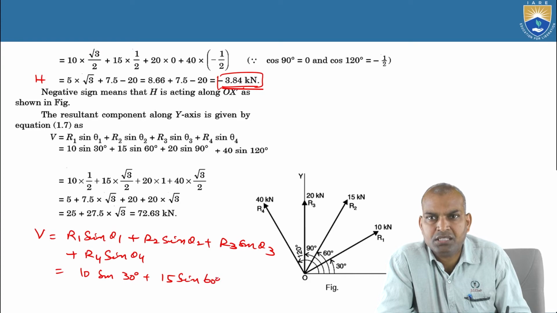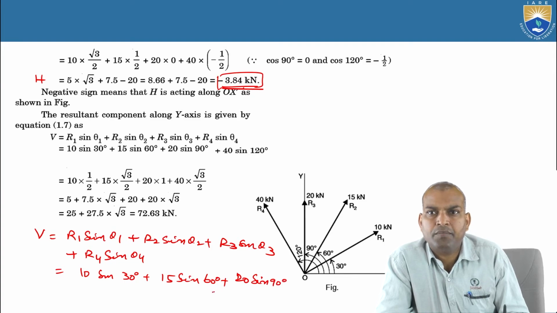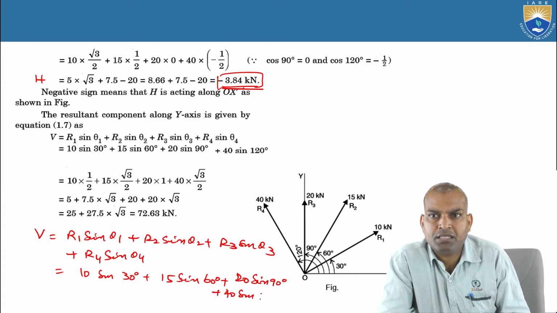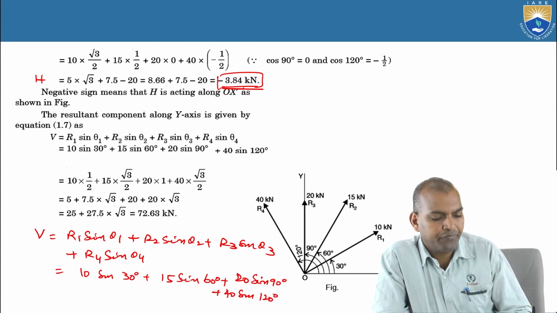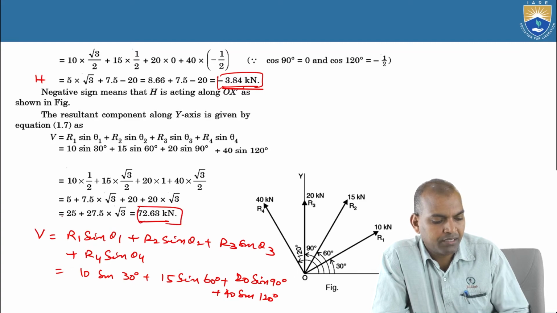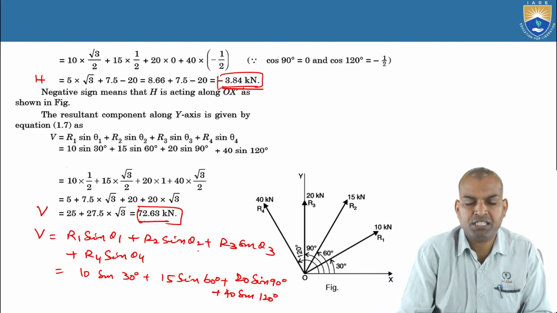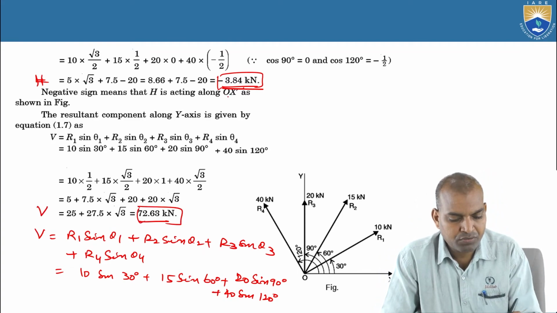That is 60 degrees, R3 that is 20 kilonewtons, sin theta 3 90 degrees, plus R4 40 kilonewtons, sin 120 degrees. After calculating, the value obtained is V equal to 72.63.